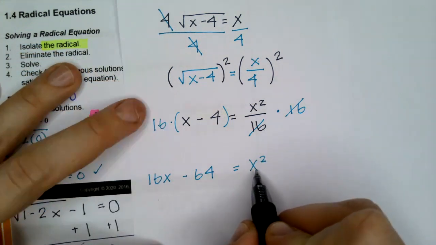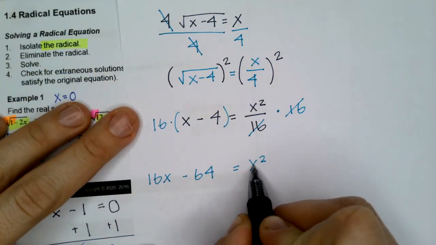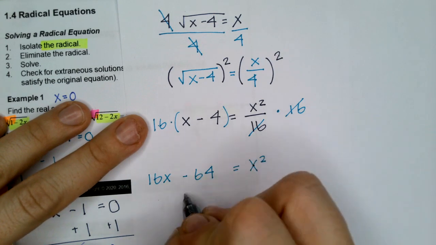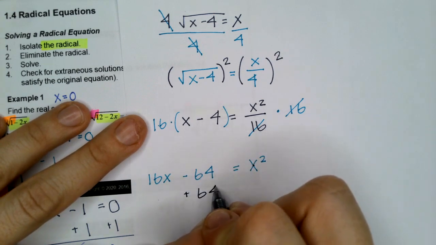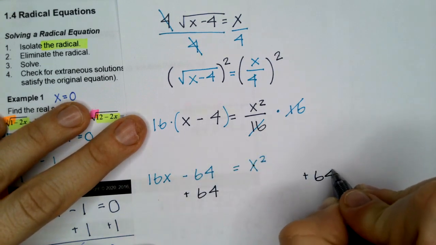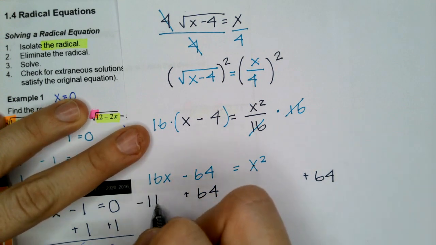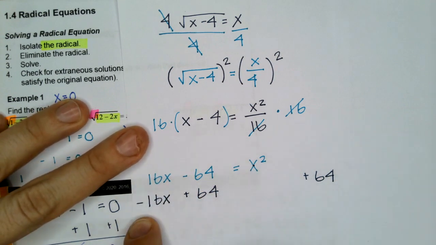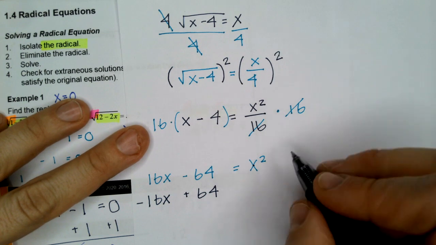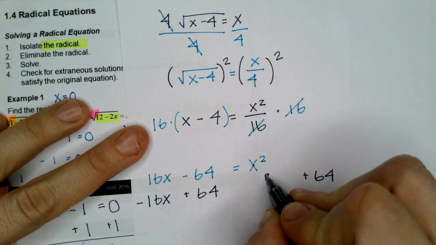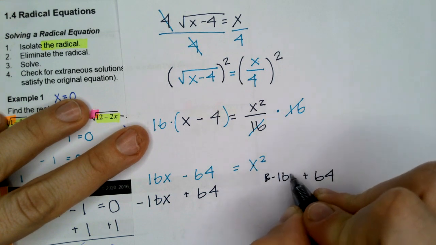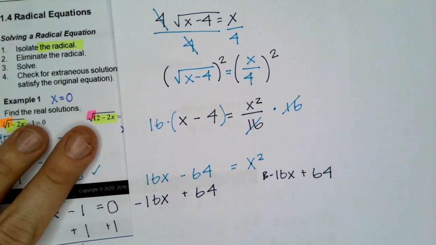Now I want to put it into standard form. My x squared is positive already, so I'm going to move the 64, and I'm going to move the 16x. So I'm going to subtract 16x from both sides, add 64 to both sides. Good.